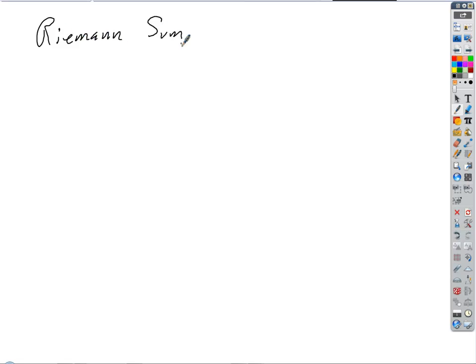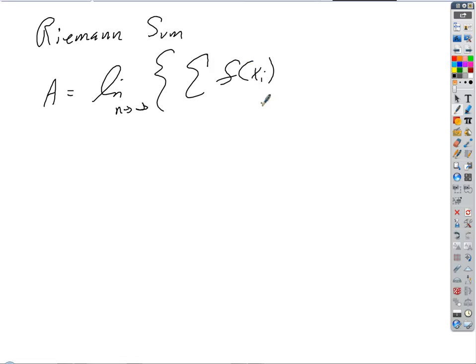A Riemann sum says, if we want to add up the area under a curve, let's just make this as simple as possible. What we did yesterday is the limit as n approaches infinity of the sum of f of x sub i delta x, as i goes from 1 to n.